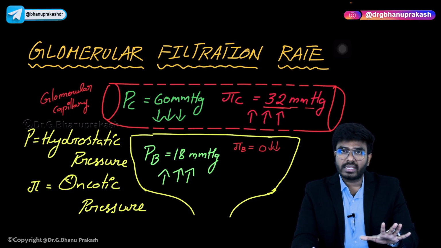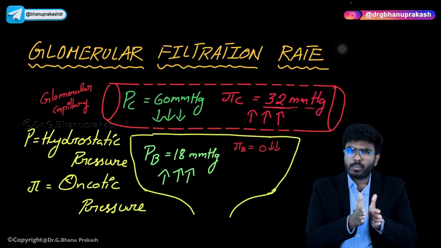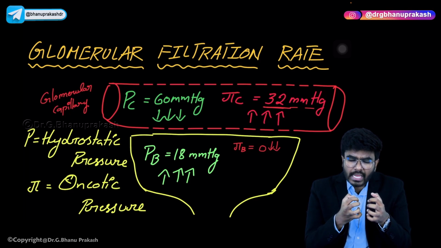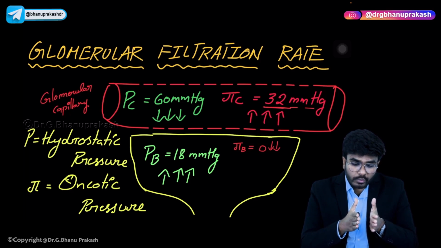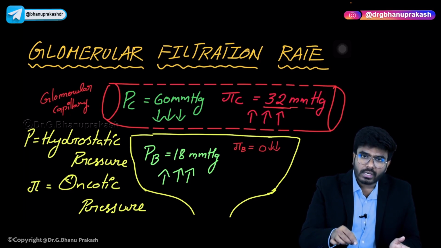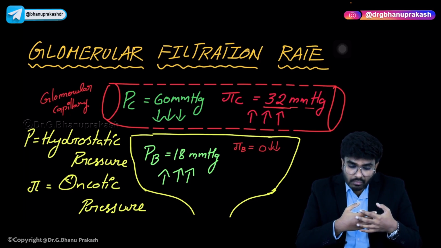These plasma proteins are just like sponge pieces, especially albumin. It all the time wants to keep the fluid towards itself. It doesn't let the fluid move out of the capillary. Just how a sponge piece behaves: if you dip it into water, it absorbs the water and keeps it towards itself. It doesn't let the water go out.